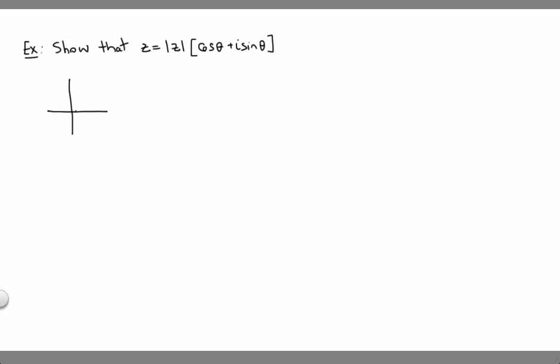So imagine you've got any complex number, let's say for example, a complex number that looks like that when represented as a vector. So you can talk about the length of z, and it might be helpful to label our axes here. So there's our imaginary axis, there's our real axis.